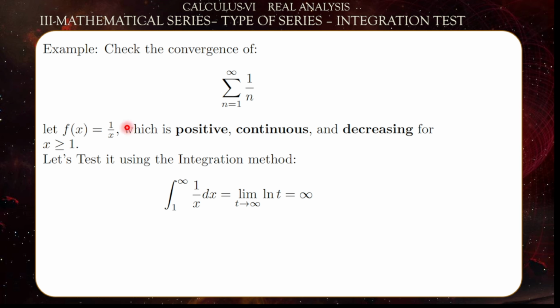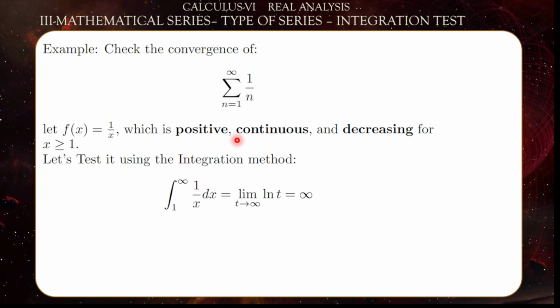So let f of x be equal to 1 over x, and here are the three main conditions that need to be satisfied before we can use the integral test. It is positive, because 1 over n is positive for whatever value of n.